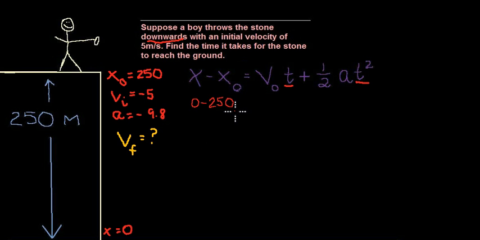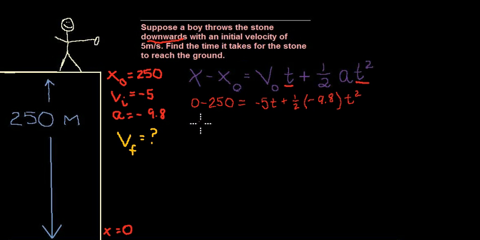Alright, so we have 0 minus 250 equals our initial velocity, and I put an I here, but the O and the I, you can use them interchangeably. So our initial velocity is negative 5, and we're going to keep the t on there since that's what we're solving for, plus 1/2 of our acceleration, which is negative 9.8, times our t squared.